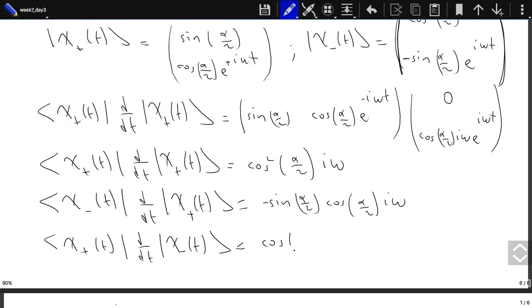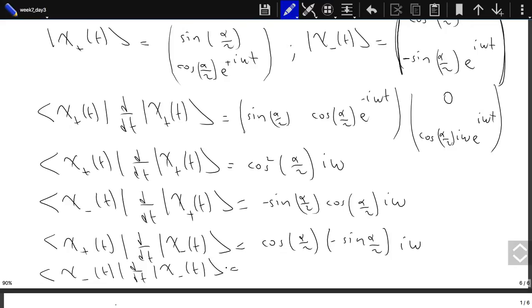This will be cosine alpha over 2 minus sine alpha over 2 times I omega. And finally, chi minus of t d by dt chi minus of t. So this will be minus sine alpha over 2 times minus sine alpha over 2 times I omega.